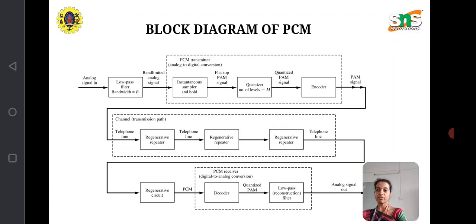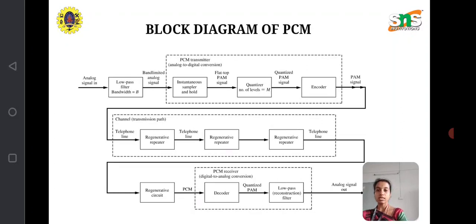In the receiver block, we have a regenerative circuit block, where the PAM signal is regenerated as a PCM signal, and then it is given to the decoder block to decode the signal from digital to analog, and then it is given to the low pass reconstruction filter, where the noise is rectified, and then the output is given as an analog signal output.